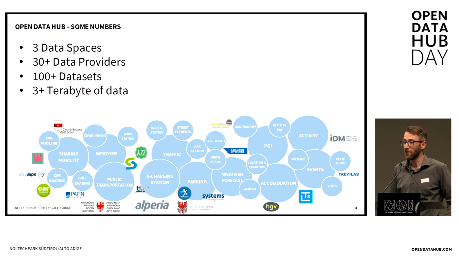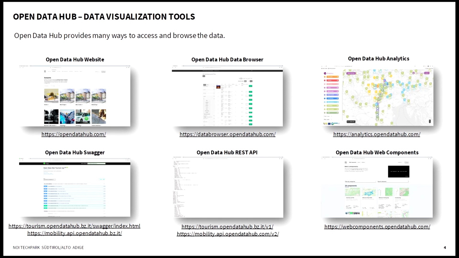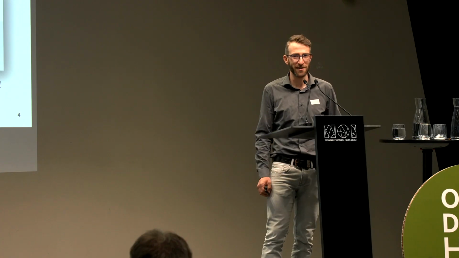And so you already heard also how you can access these tools. Some of these tools have already been presented by Patrick and Roberto before me. The first one and the most generic one is the website, where you can find information about the whole Open Data Hub project, but also the list of all data sets with some information.